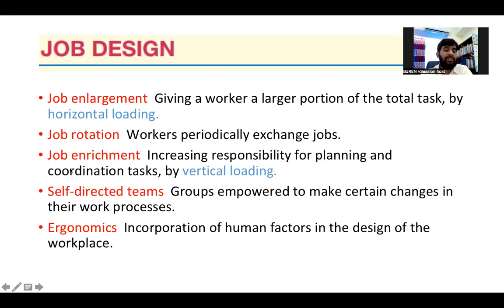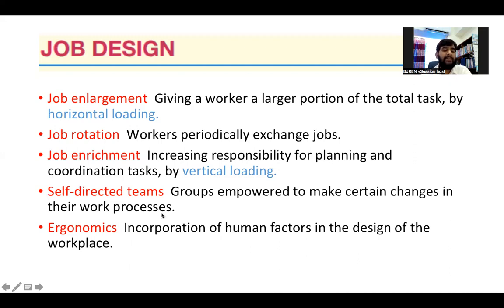And operations managers think of job enrichment, job enlargement, and job rotation issues. Whether the operations manager, operations officer, or production officer will be shifted from one position to another for better performance. That is also one of the components of job rotation.